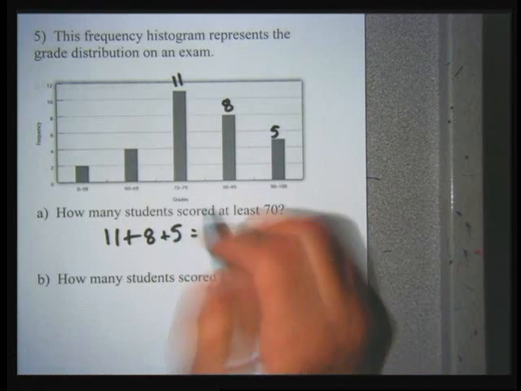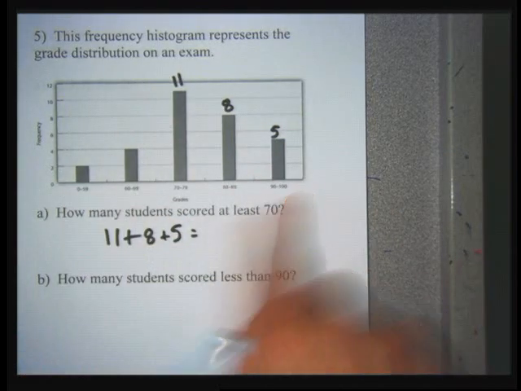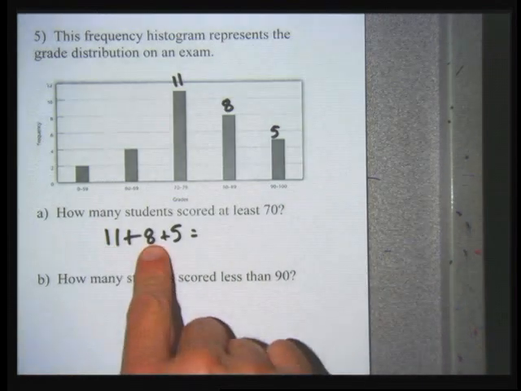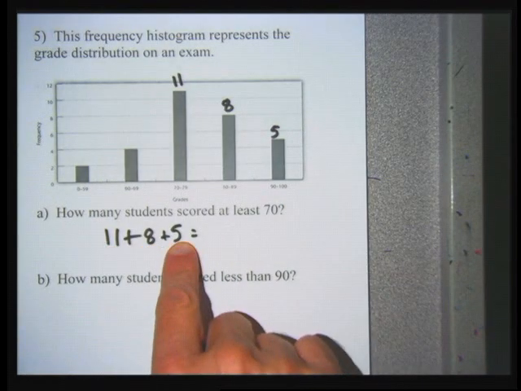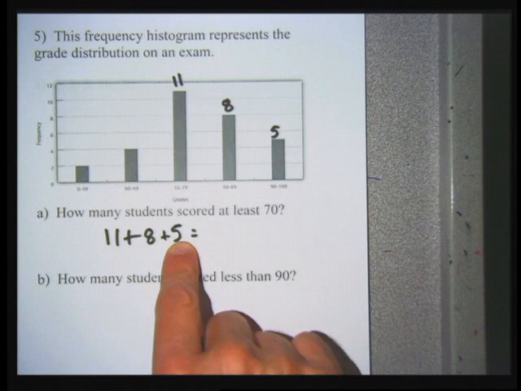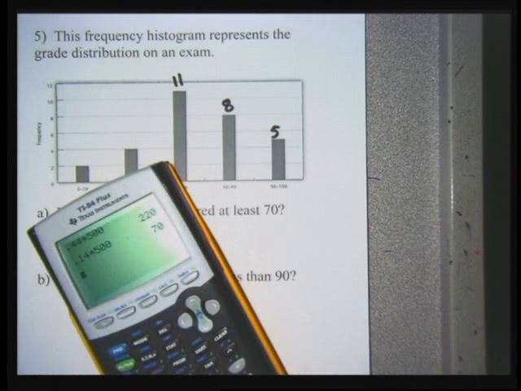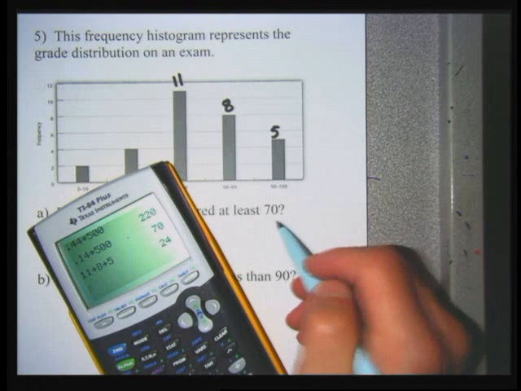So the number of students, if these represent students and their test scores, 11 plus 8 is 19 plus 5 is 24. And I feel like 24 should be the answer then. I did do this again because I have a different answer on my key. I get 24.